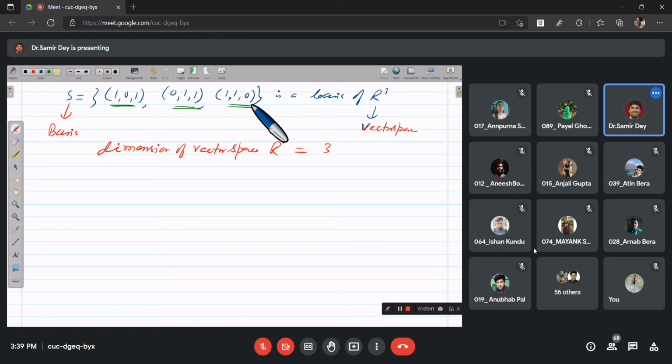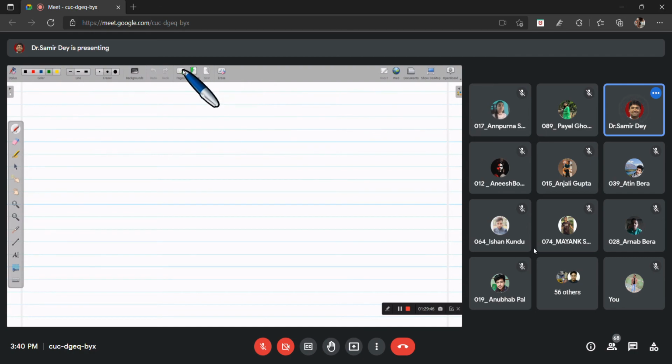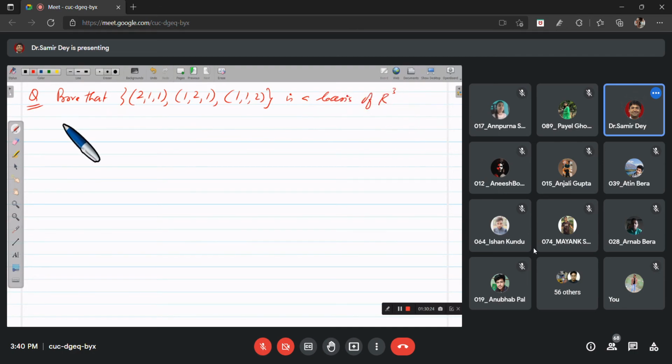Now I want to give you another example. Prove that (2,1,1), (1,2,1), (1,1,2) is a basis of R cube, and find the dimension of R cube.